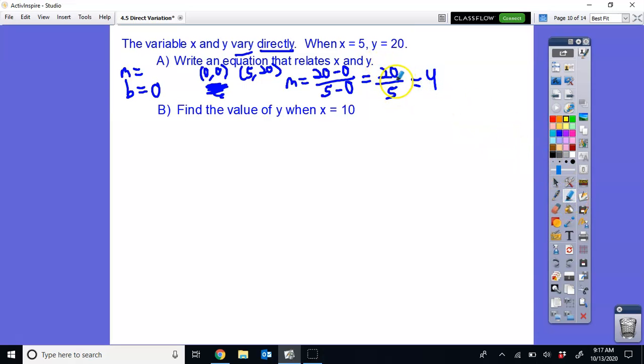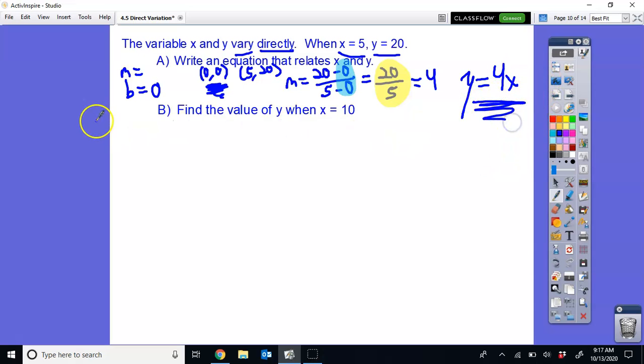Notice right here that if I know that this point is going to go through the origin, I can just basically drop off the 0 and the 0 and just do this y value divided by this x value to find my slope. And guys, that will always be the case for direct variation. So that means my equation would be y equals 4x plus nothing.